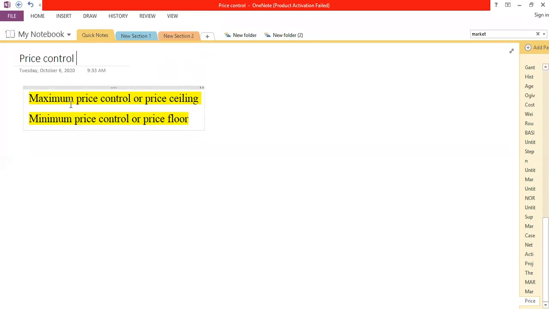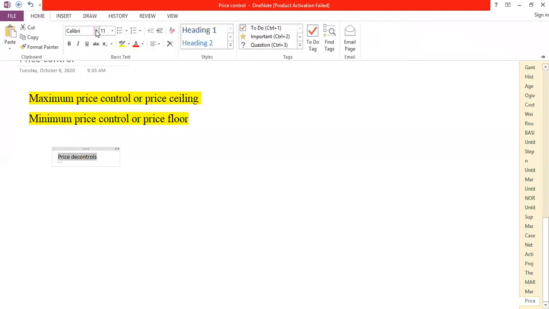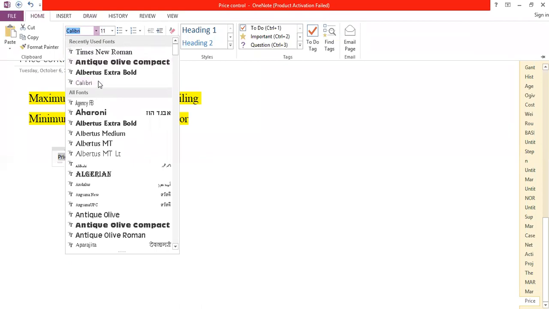The opposite of price controls class is what we call price decontrols. What is a price decontrol? Also referred to in some books, you may find this discussed as under price liberalization.